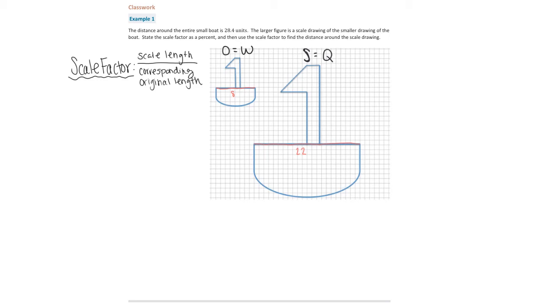So we're going to take the scale length, which we know is going to be 22, over the corresponding original length, which is going to be 8. Now go ahead and take 22 divided by 8 into your calculator.